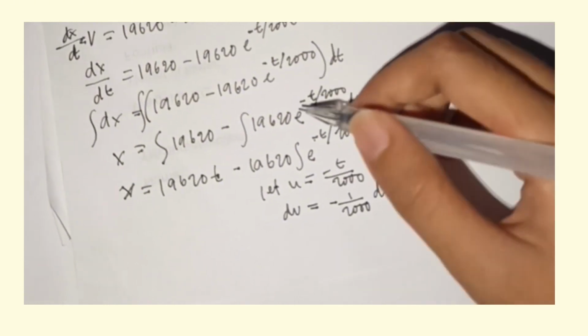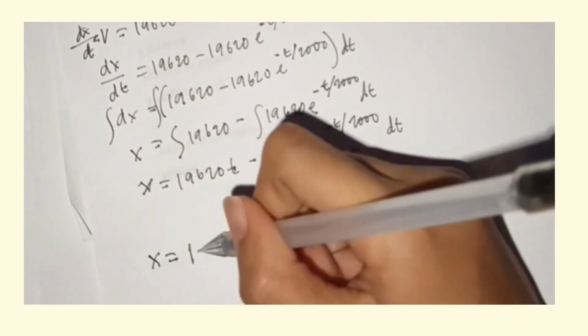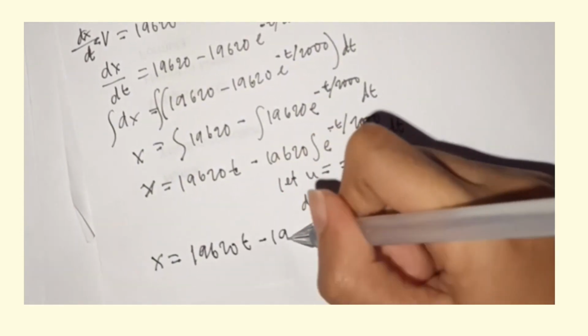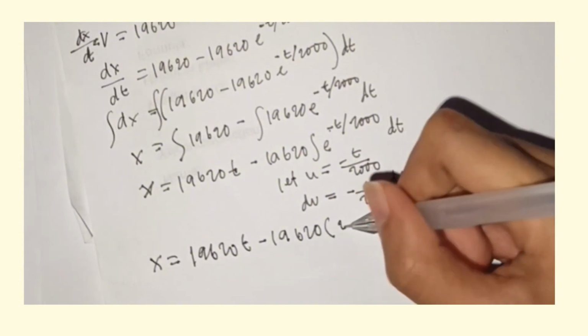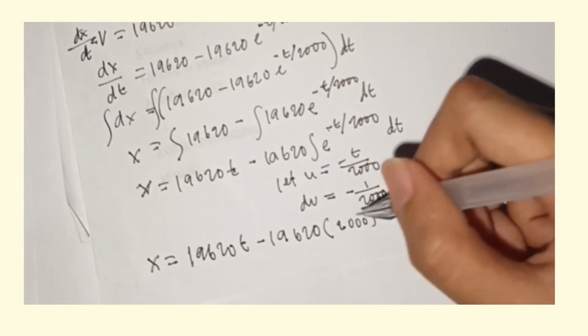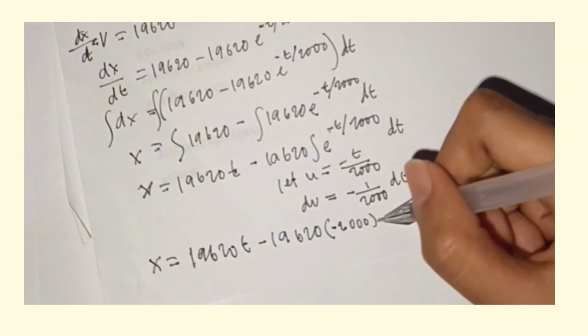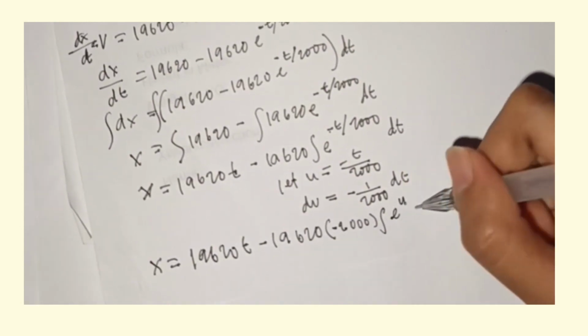So we repeat it: 19620t minus 19620 multiplied by negative 2000, in order for us to integrate e raised to u du.